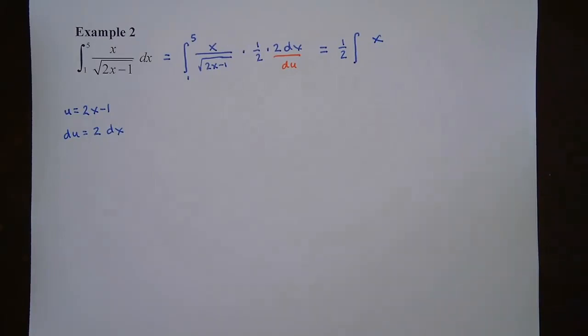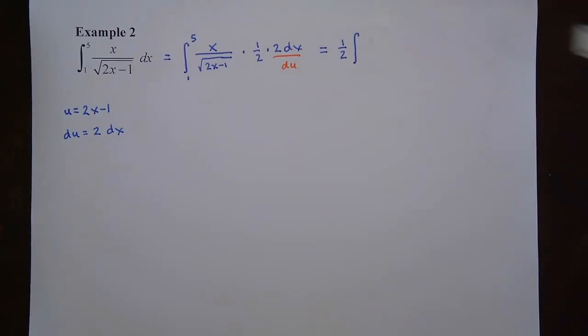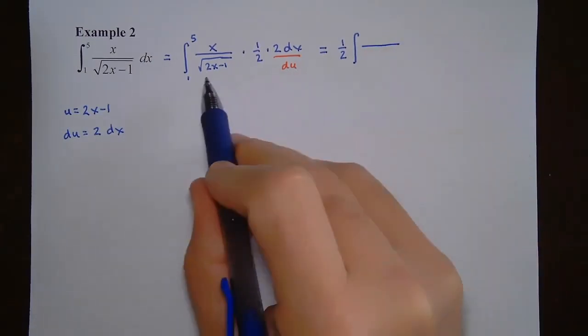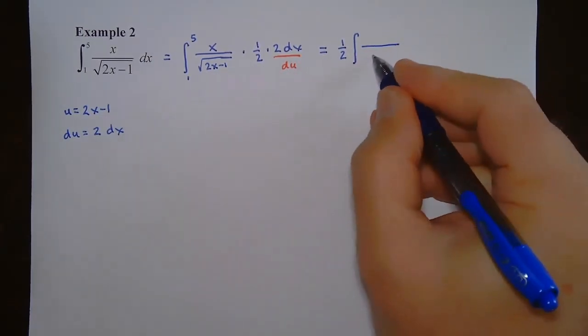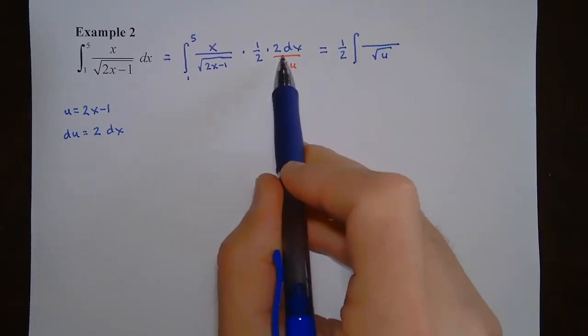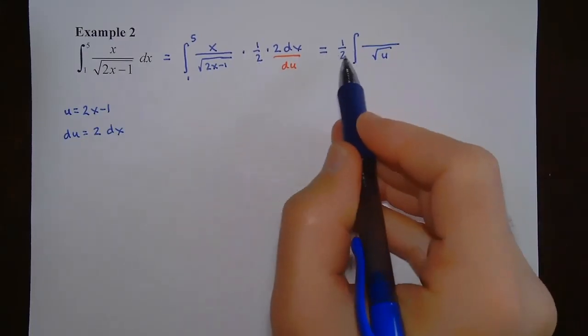Actually, I take that back. I'm going to start switching some stuff to u's. So fraction bar right here. This becomes the square root of u. This 2 and the dx become my du. This 1/2 I pulled out, right? That's the 1/2 right there.